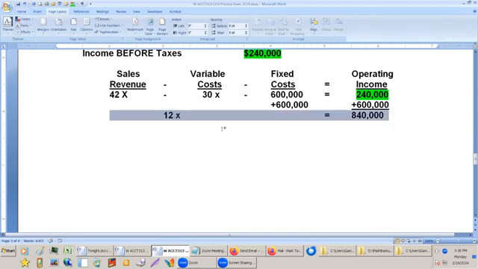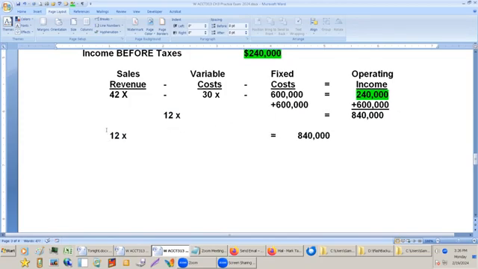Once you get the before tax income, this is not too bad.